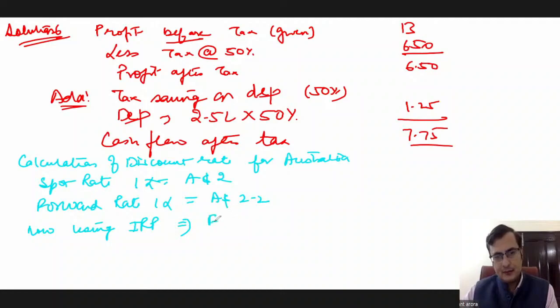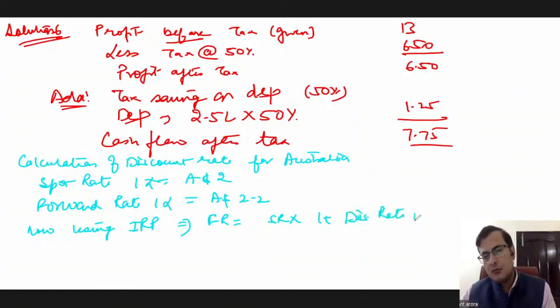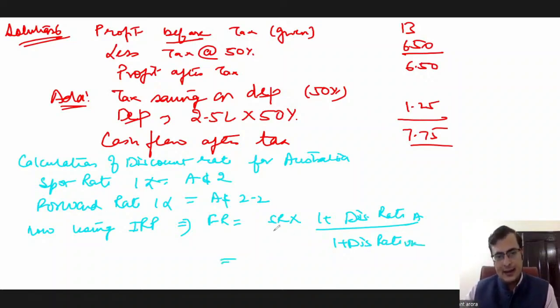So FR equals spot rate into 1 plus the discount rate of Australia divided by 1 plus the discount rate for the UK.